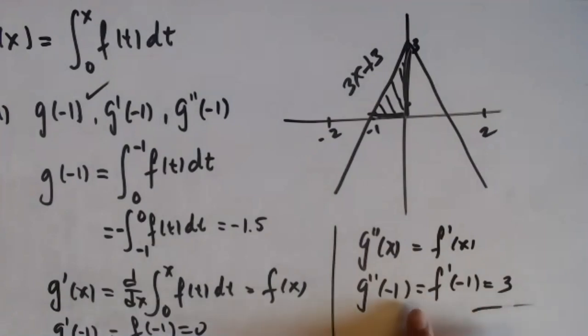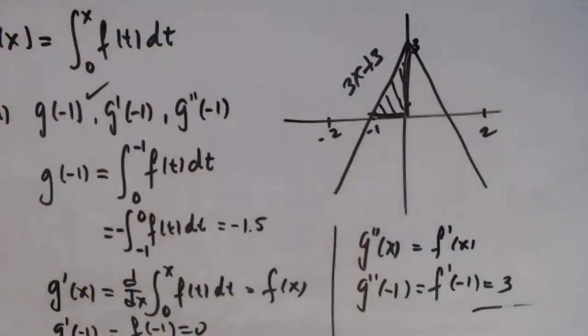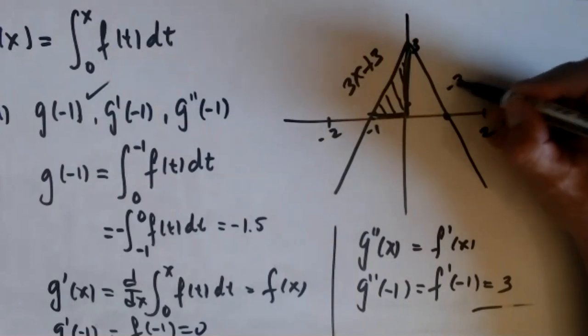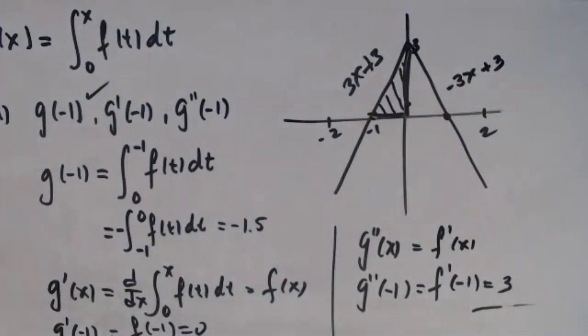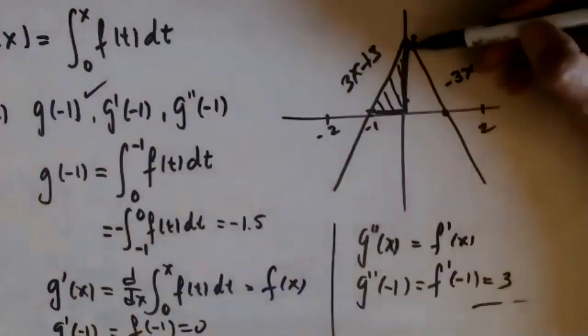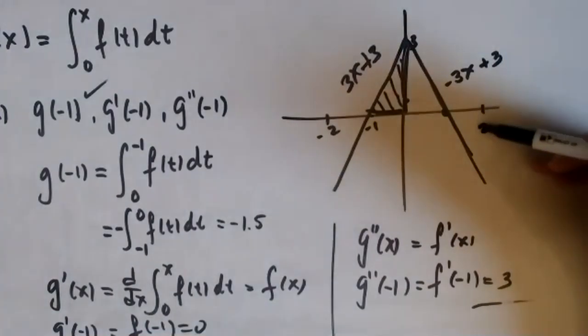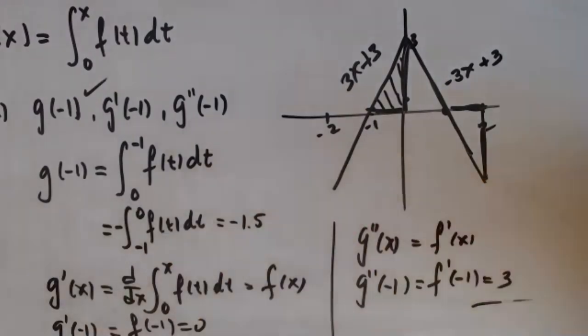It's a constant, so no matter what the point is, the slope is the same, so it's 3. Okay? If they ask you the derivative at 1, so you have -3x plus 3, correct? It's -3 because it's the slope of this line. What is the negative 3? Well, it's rise over run, correct? Catch it? Okay.